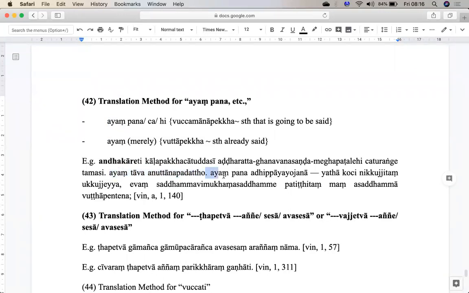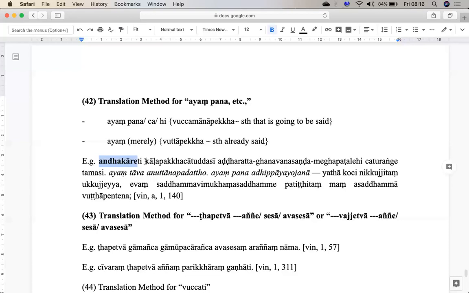And the Ayan bana adibhaya yojana. So here two Ayan we can see. So that is from the Vinaya commentary, volume 1, page number 140. So andhakarehi, andhakare. So in commentary, traditionally in Burmese, the word which should be explained is in bold type, andhakare, and also explanation.